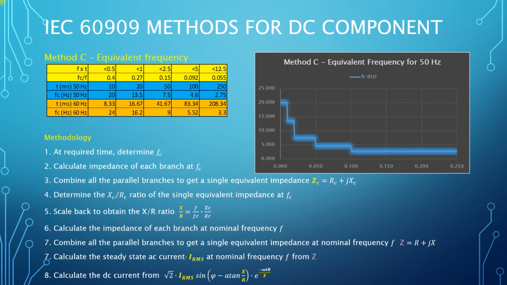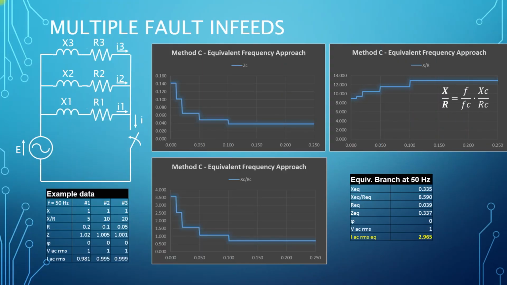So let's look at this in a little bit more detail. So here is our example that we've looked at before. So the data is the same. We know the frequency FC varies with time.